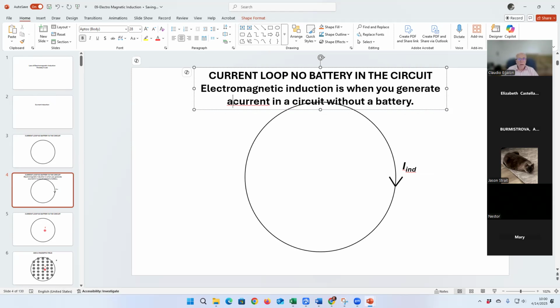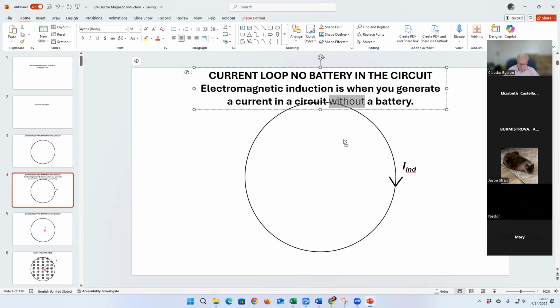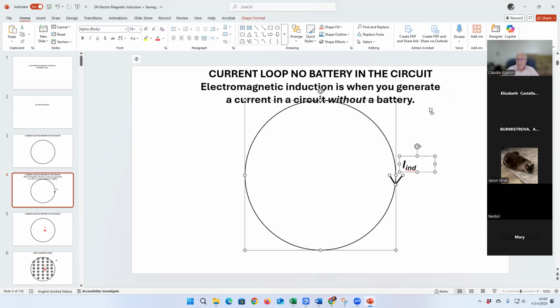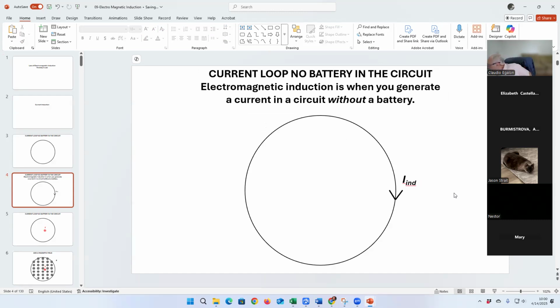I'm going to emphasize the without here, without the battery. Let's see how we can do that. Notice that I didn't put the battery in the circuit. Let me show you what I mean by a wire. Here I have a wire.